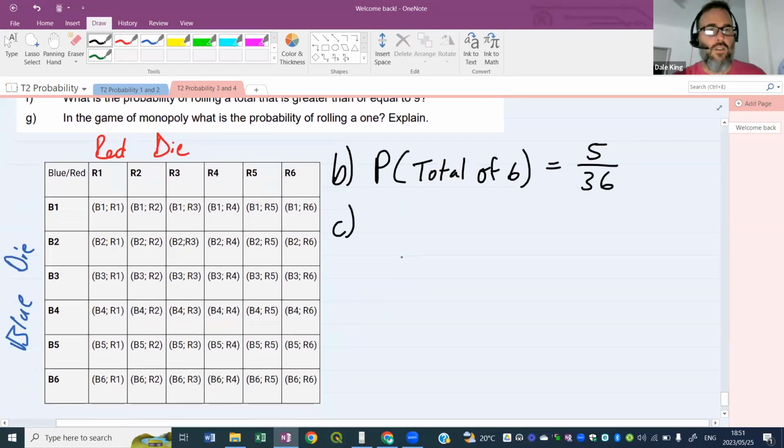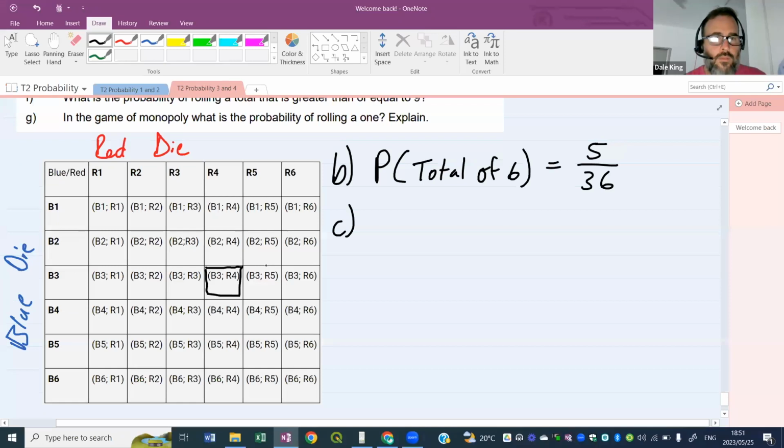All right, where do we get a total of 7? 3s and 4s. 2s and 5s will give us 7. 6 and 1 will give us 7. But there's a 3 and a 4 here, a 5 and a 2 here, and a 6 and a 1 here.